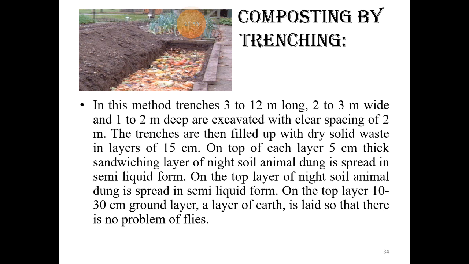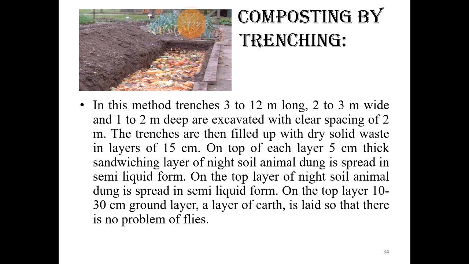Later, these trenches were filled with dry solid waste which is biodegradable, in a 15 centimeter thick layer, upon which around 5 centimeters thick soil and animal dung waste is spread in the form of slurry or semi-liquid form.